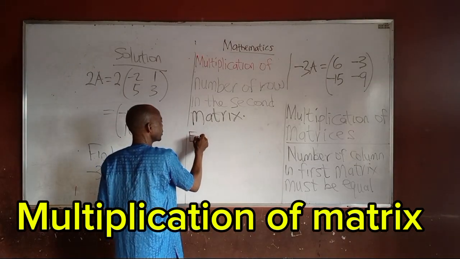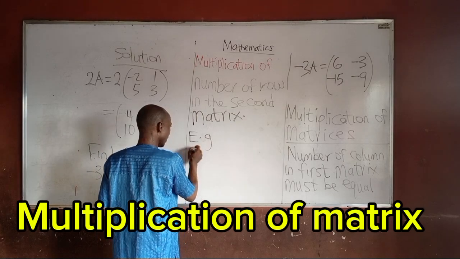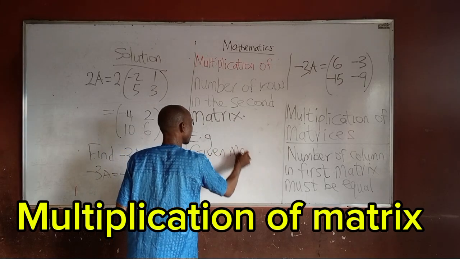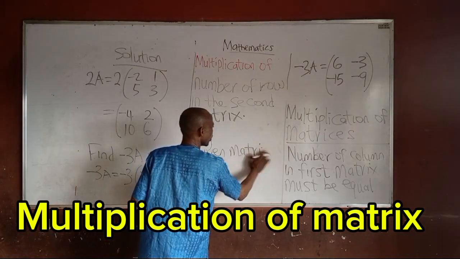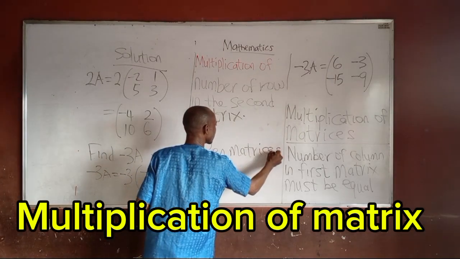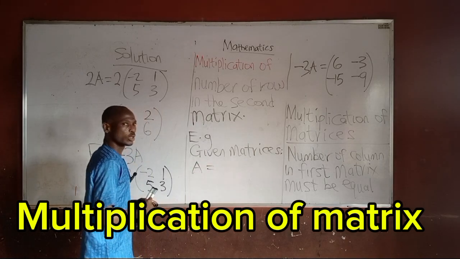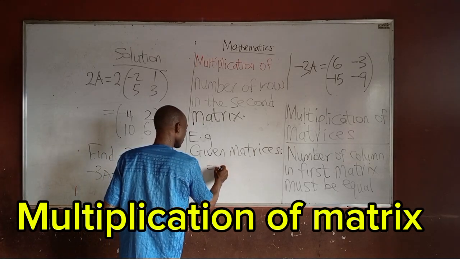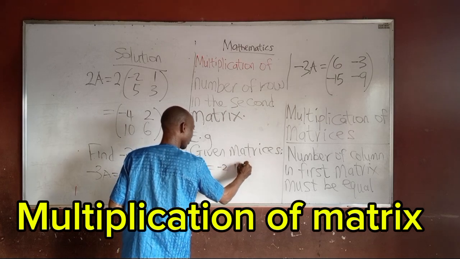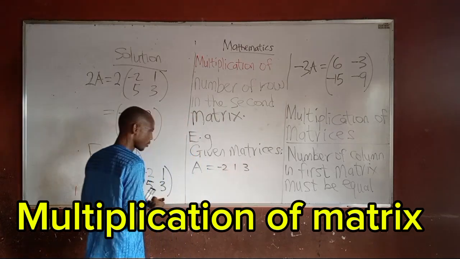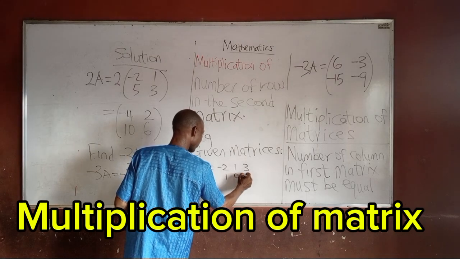Example, e.g., given matrices, A is equal to -2, 1, 3, 1, 0, 4.